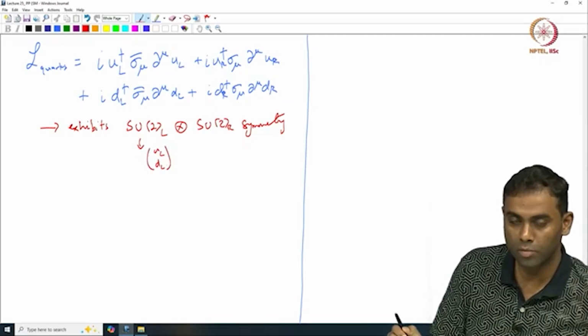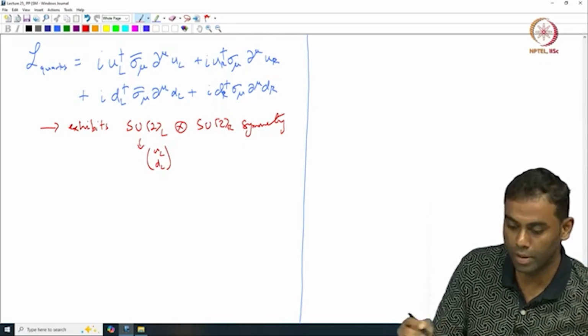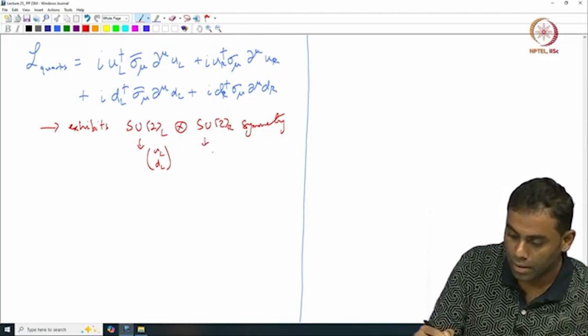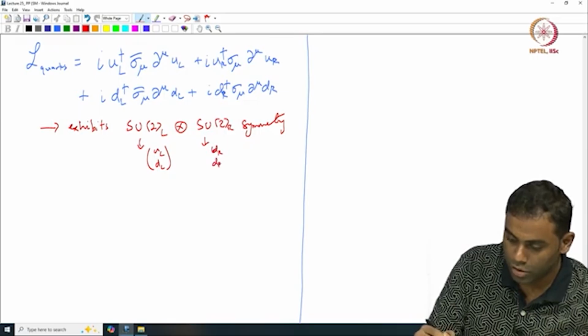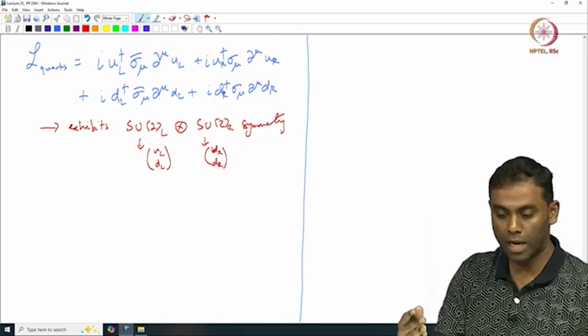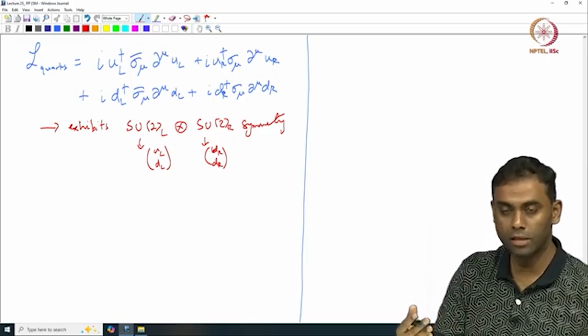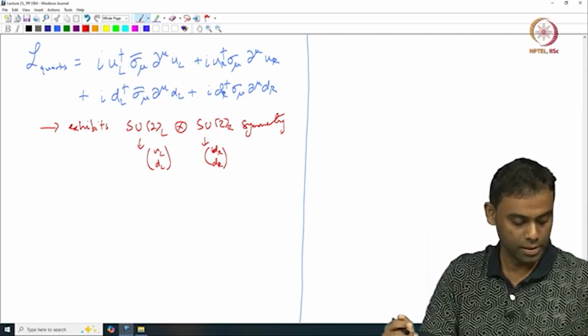Remember this is like isospin, right. In fact, this is exactly what will give rise to isospin, the isospin as we know it, and then this one acts on the UR-DR doublet. The symmetry on the right handed quarks acts separately from the symmetry on the left handed quarks.